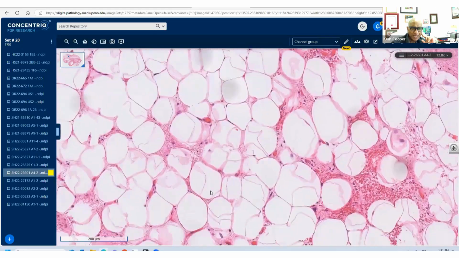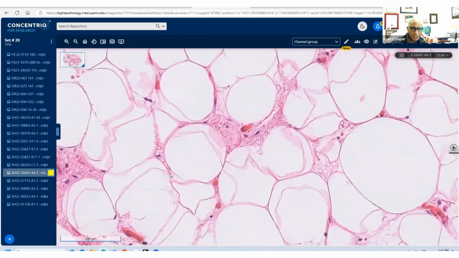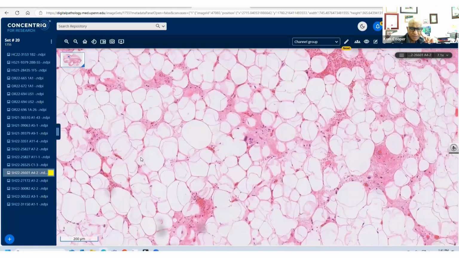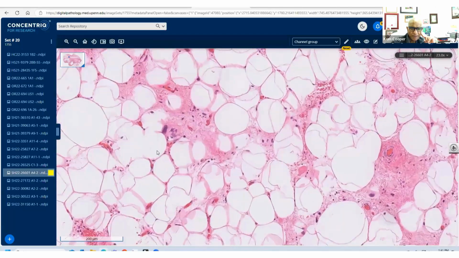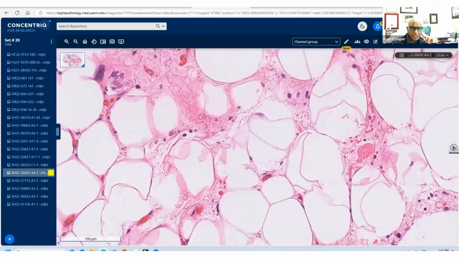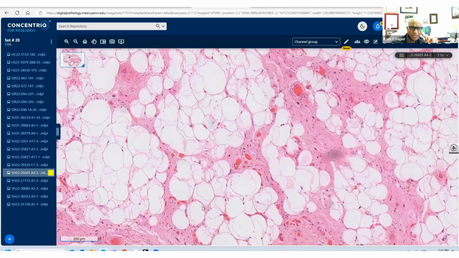And even in these areas, you can see the similar cytomorphology here. You can look at these large nuclei here. There's a large nucleus lining a fat cell there too. Any thoughts, anybody?